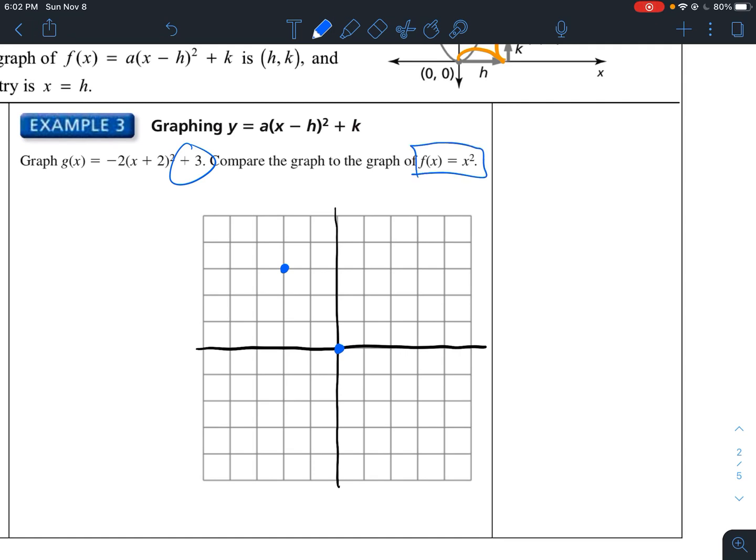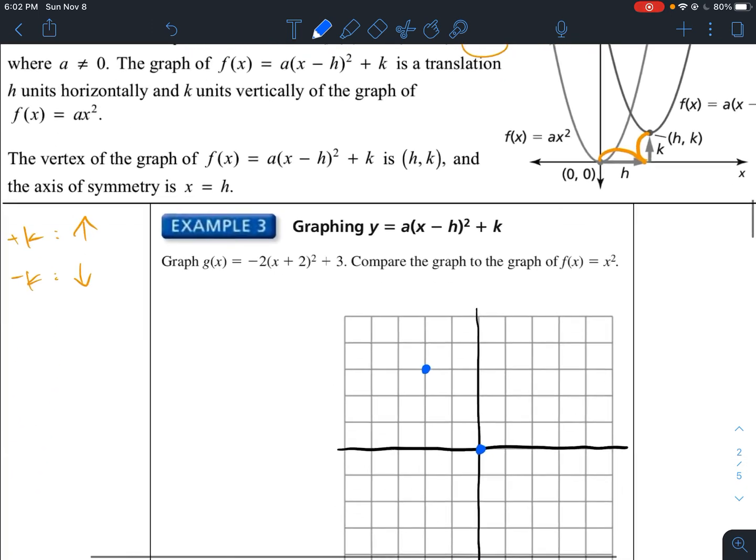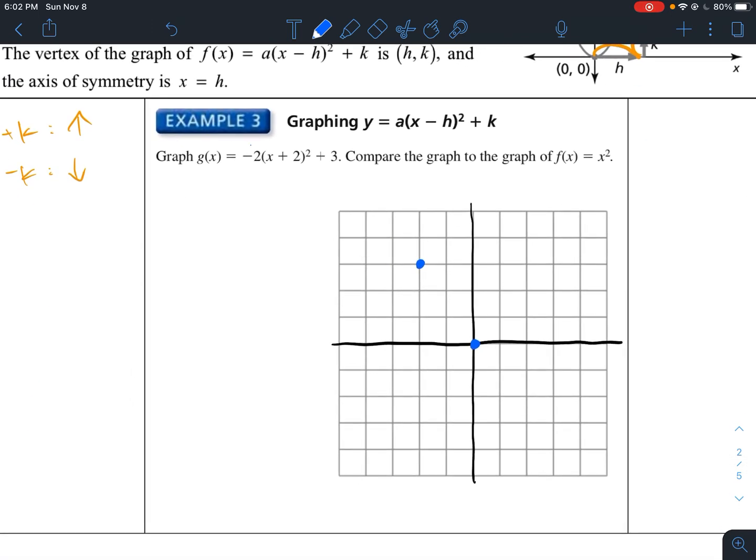Again, we're comparing this to the parent function. So now we have to consider if the graph goes up or down, if it opens up or down. So here the value of a is negative, so that means there will be a reflection, so it will open downward. And then we also have a value of 2 right there, which means we're going to stretch the graph by 2.